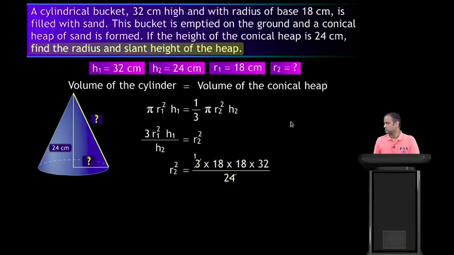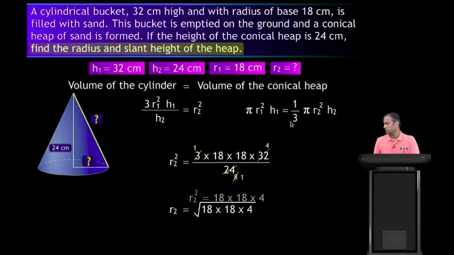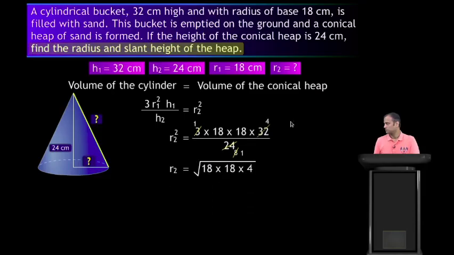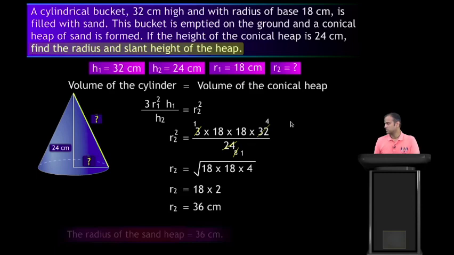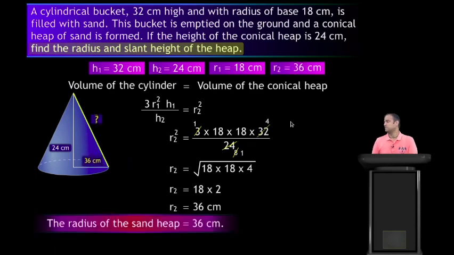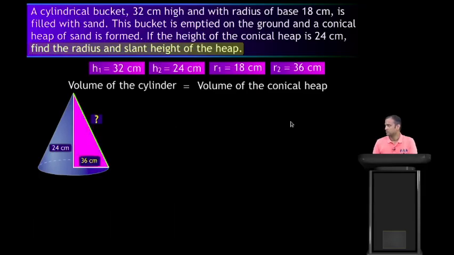Then r2 square is 3 into 18 into 18 into 32 upon 24, and here you have to take the root, it is 18 into 2, which is 36 centimeter. So here we have the radius of the sand heap, r, which is 36 centimeter. Again we have to find the slant height, so we can use the formula for slant height.